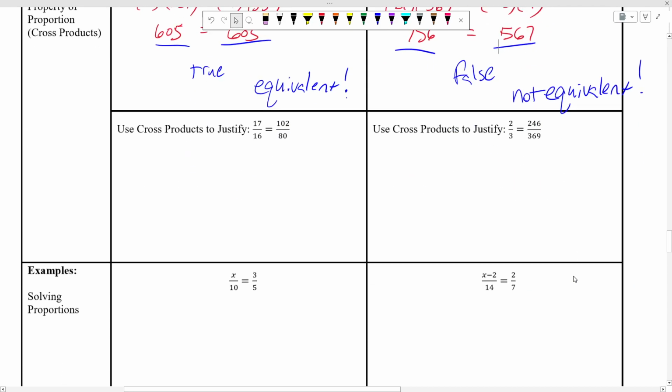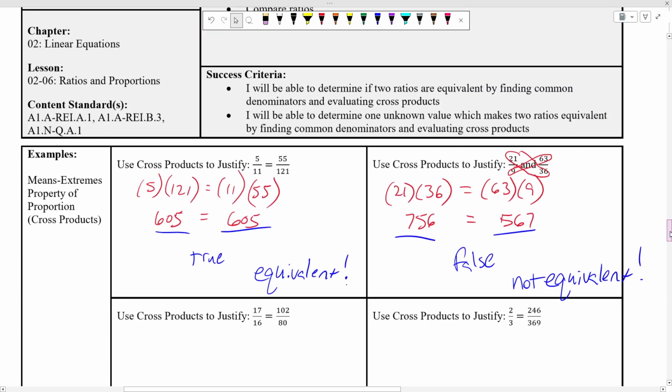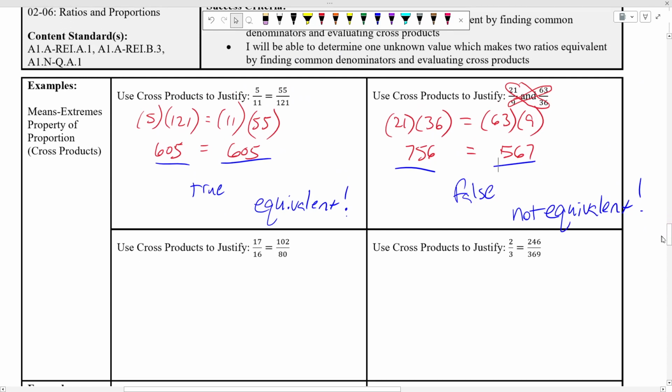All right, let's try another example here. We got a few more. Let's work our magic butterfly cross multiply wizardry here. Cross multiply, 17 times 80 equals 16 times 102. The question becomes, are they equal?